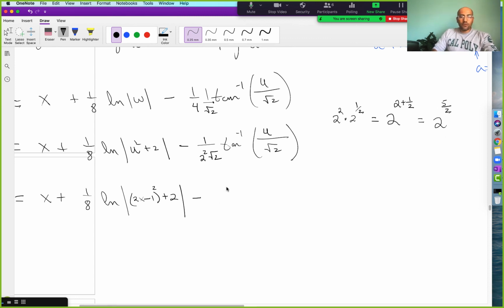So this becomes 1 over 2 to the power of 5 over 2, tangent inverse of (2x minus 1) all over root 2, plus a constant.